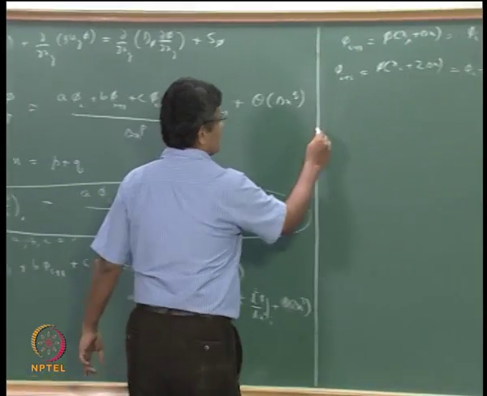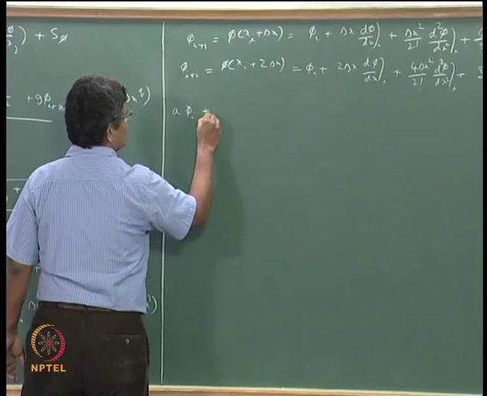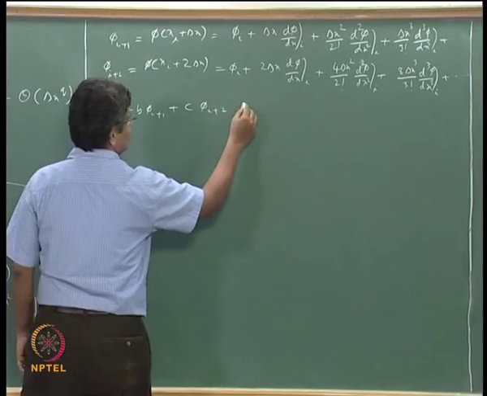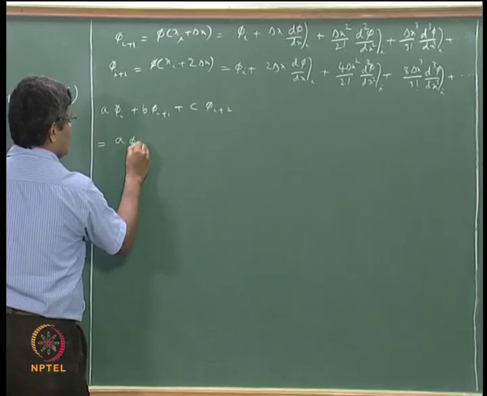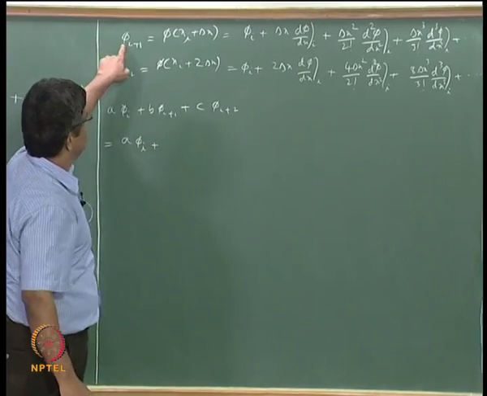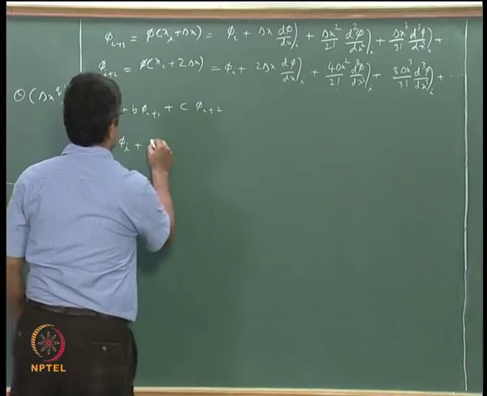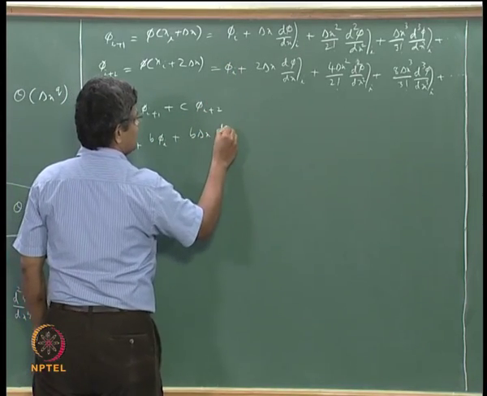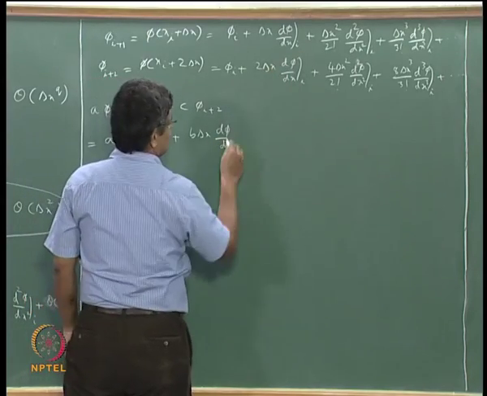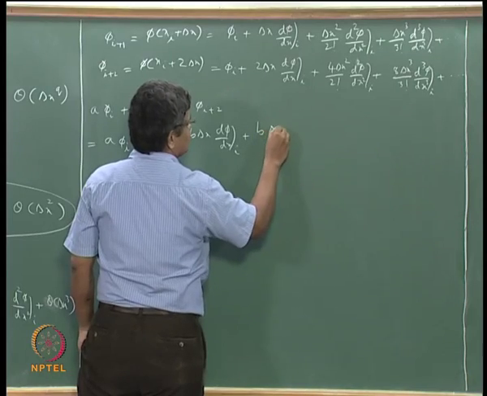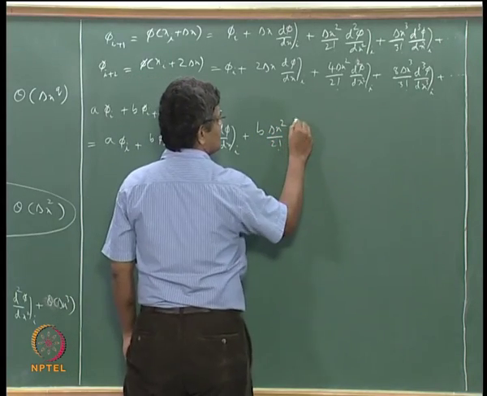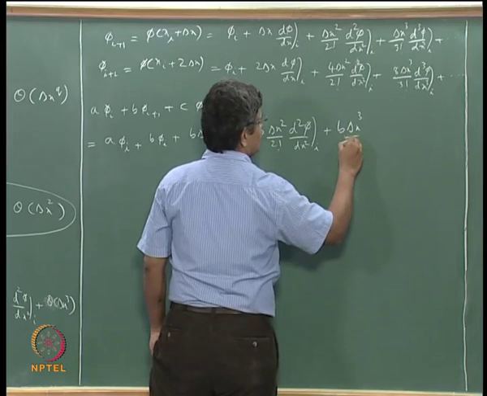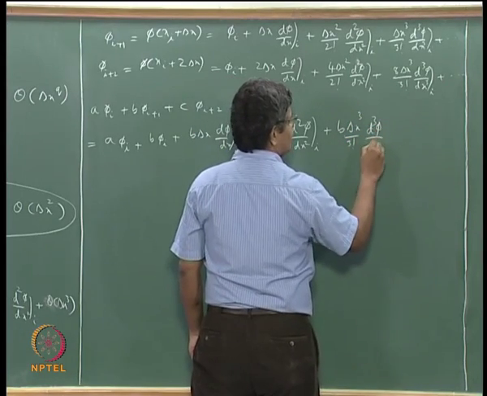So we can write a phi I plus b phi I plus 1 plus c phi I plus 2 as a phi I. We multiply the whole expansion by b and bring it here, so that is b phi I plus b times delta x d phi by dx at I plus b times delta x square by factorial 2 times d square phi by dx square at I plus b times delta x cubed by factorial 3, third derivative.